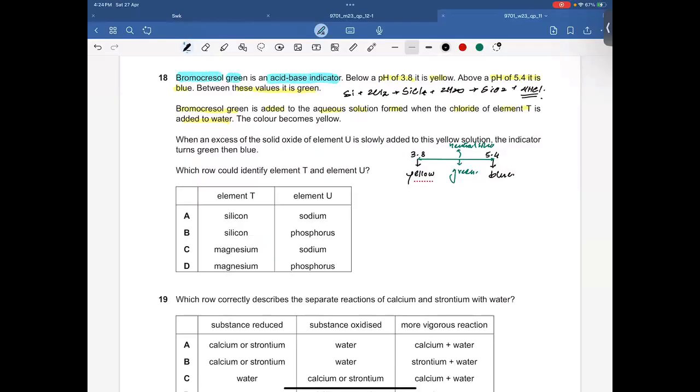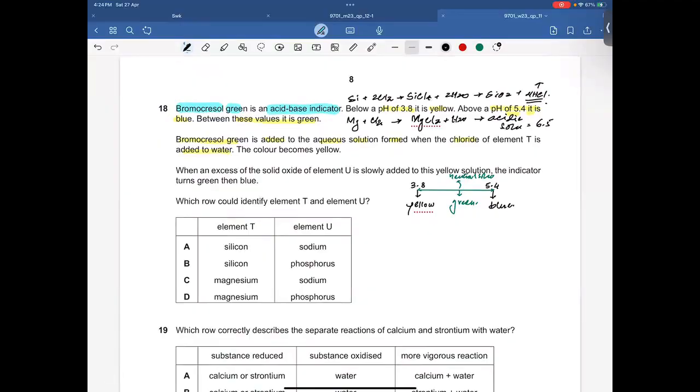Whereas when magnesium is treated with chlorine, it will turn into magnesium chloride. And when magnesium chloride is placed in water, you will get a slightly acidic solution of pH 6.5.